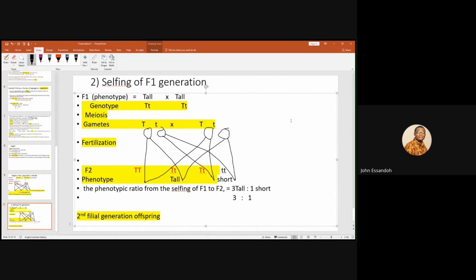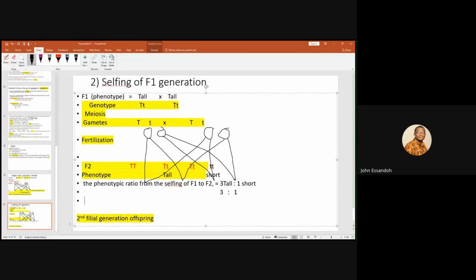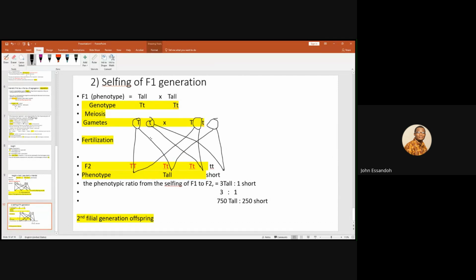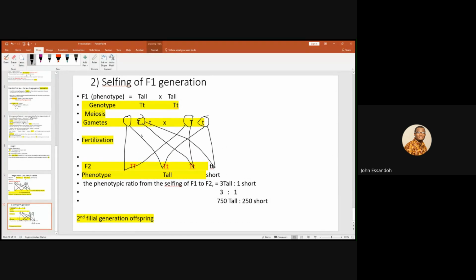When Mendel checked the plants and counted them, out of 1,000 plants he had 750 tall and 250 short. All right, are we clear with that? So what Mendel did was right. Any confusion so far?